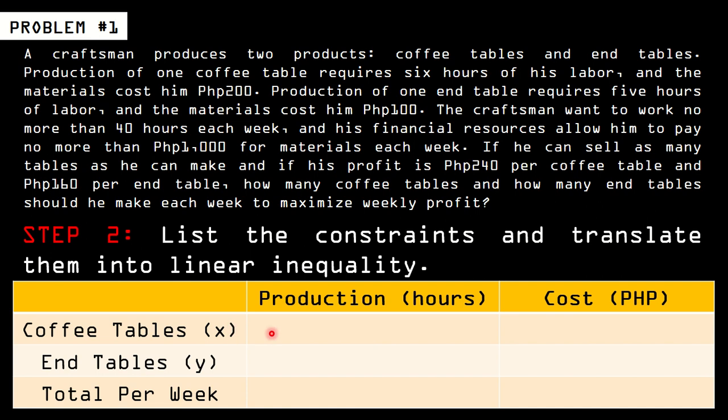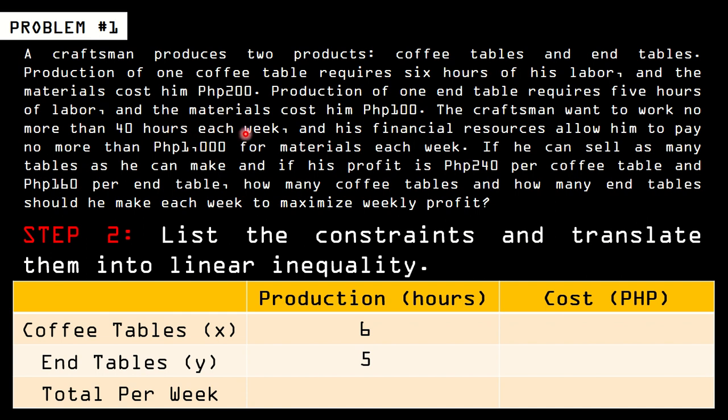For the coffee table, it states that he needs 6 hours. And then for the end table, it requires 5 hours. In addition, it says that the craftsman wants to work no more than 40 hours each week.